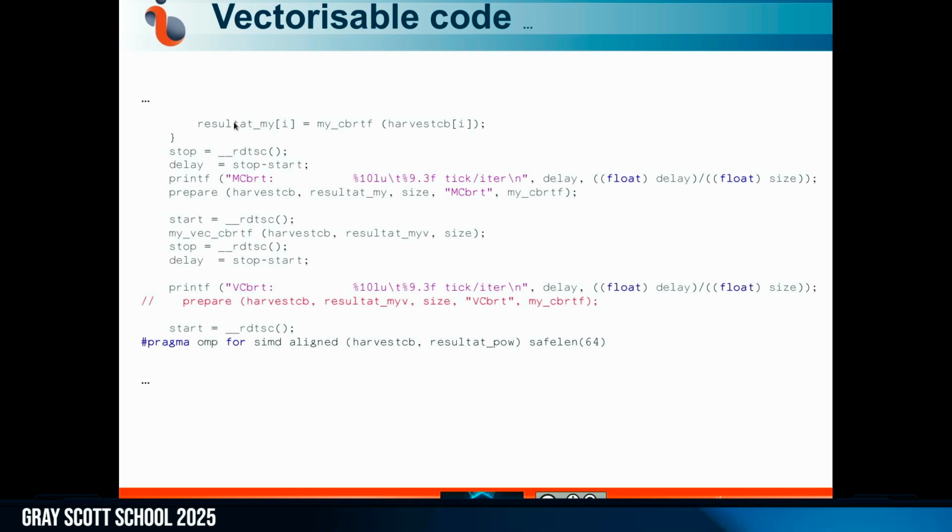And then in our program, we would call this myCBRTF function on the array, and we could display the time spent on this. So in this case, when we use it in a scalar way, and later when we use it with the vectorial corresponding function, myvecCBRTF. Okay?